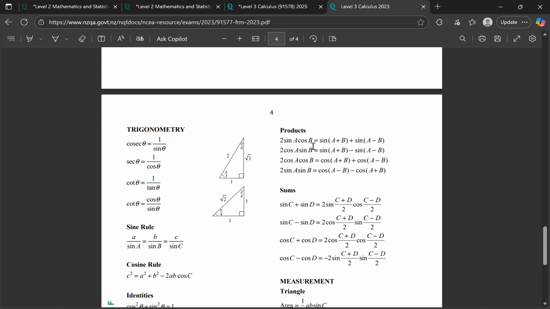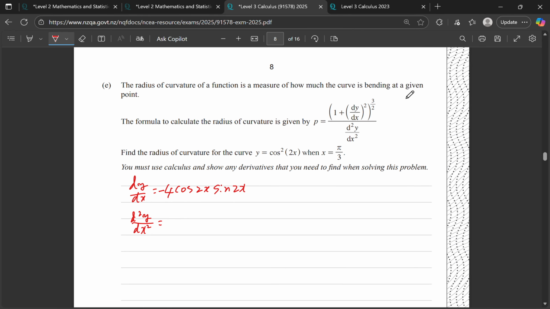Or you could use that one. They are the same. So if we change this using trig products, I split that to minus 2 times 2 cosine 2x sine 2x, right? So that gives me minus 2 times (sine 4x minus sine 0), right? Because sine 0 is 0, that becomes minus 2 sine 4x.